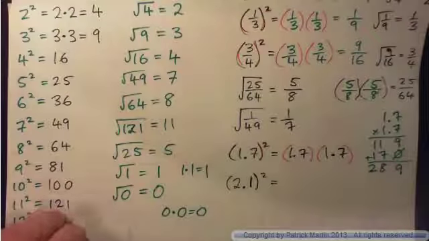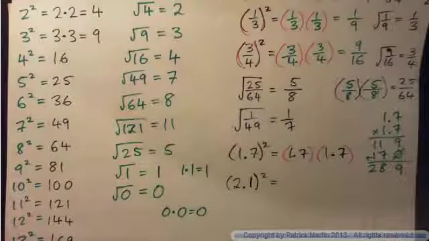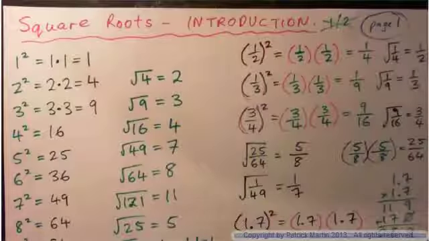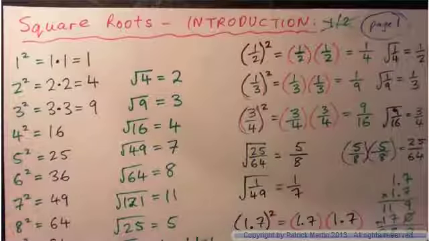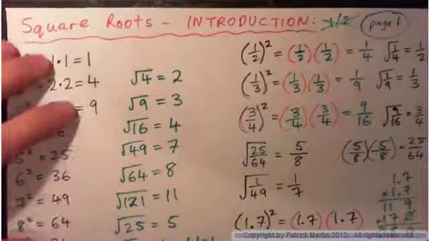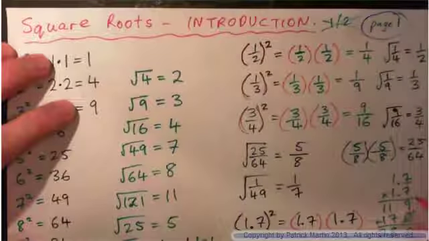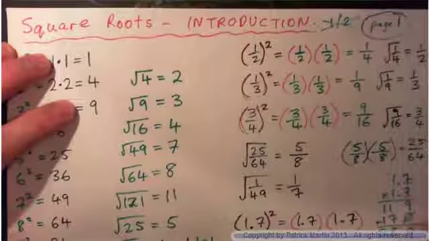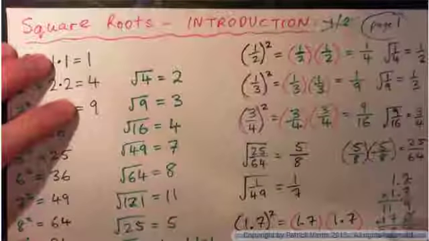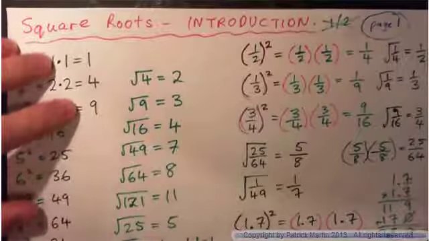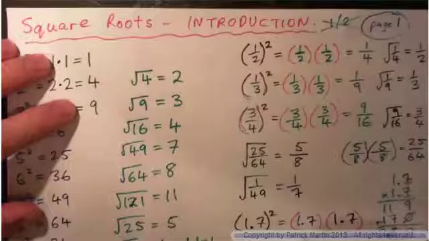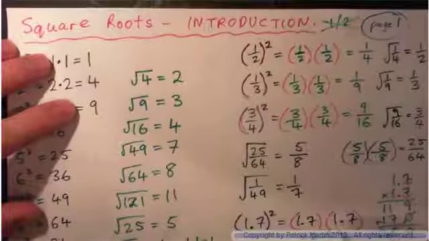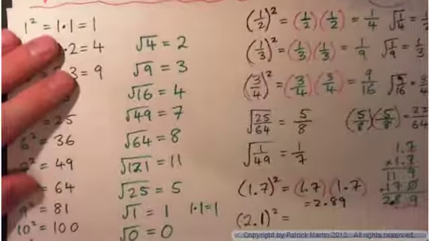And where does the decimal point go? How many decimal places do we have in the problem? We have 1, 2, so we need 2 in the answer. So 2.89 is what 1.7 squared is. So please do this one yourself.